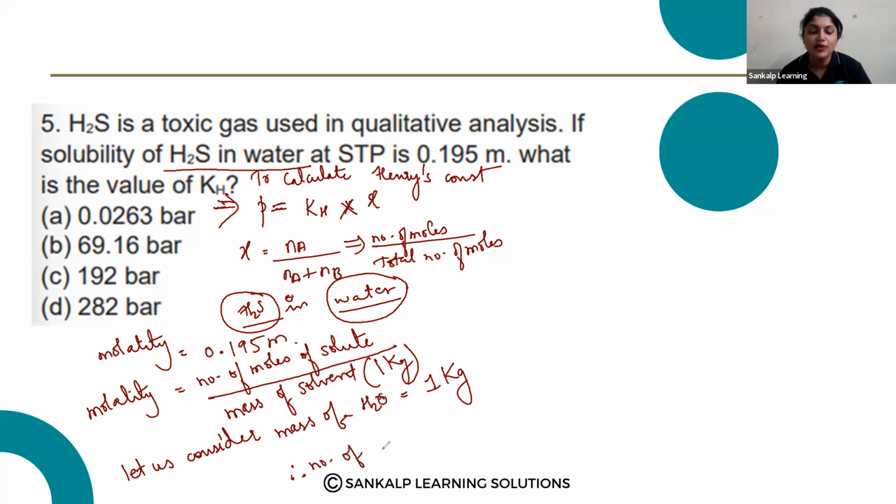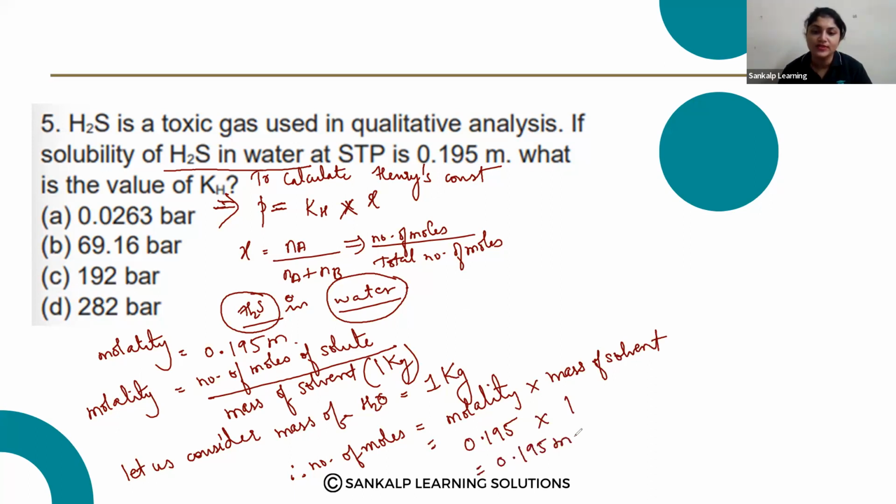Number of moles is equal to molality into mass of solvent. So molality is 0.195 into mass of solvent 1 kg. So it becomes 0.195 moles.